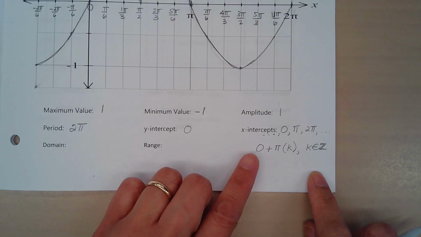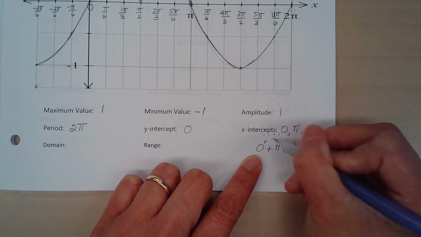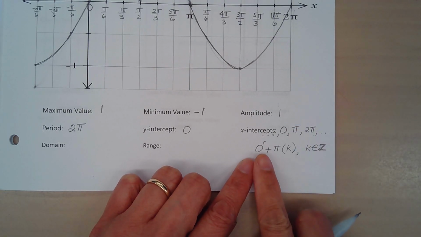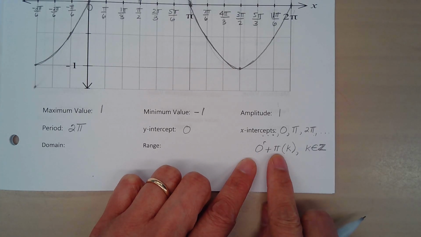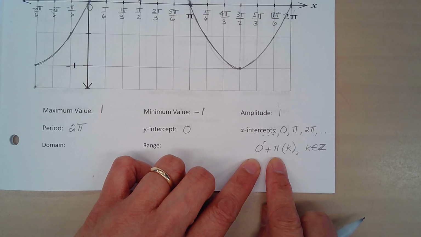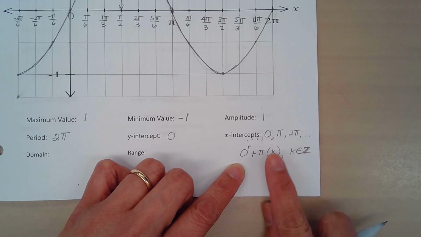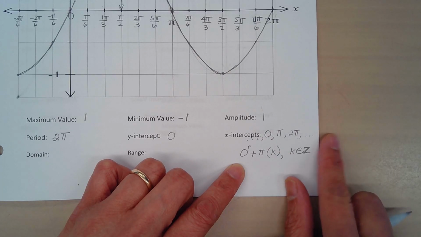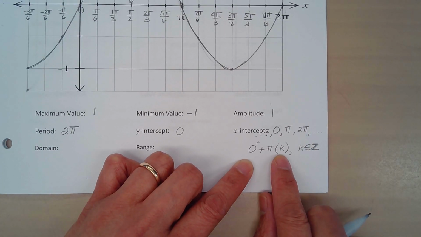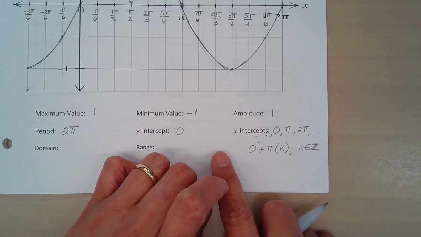Right? So you start at 0 radians, because we're talking about radians here. 0, and every time you add a pi to it, you're going to see that. If you add 2 pi, you're going to see that. If you add 3 pi, you're going to have that. Now if you go negative pi, then you're going to have negative pi, negative 2 pi.